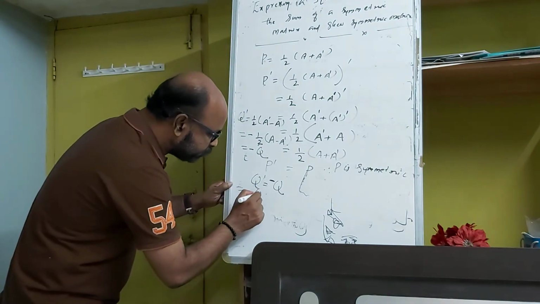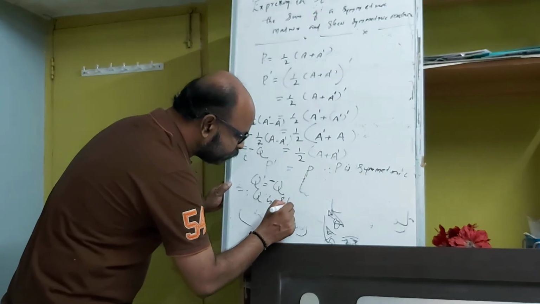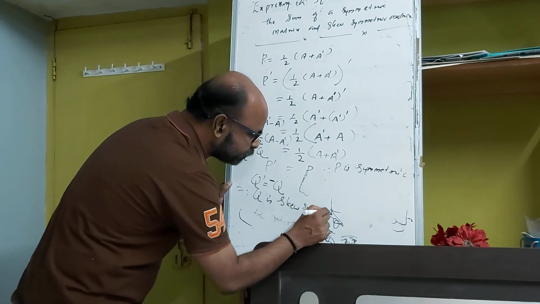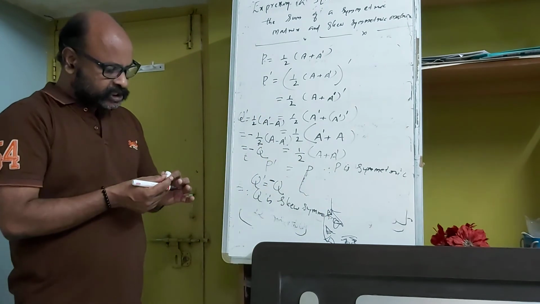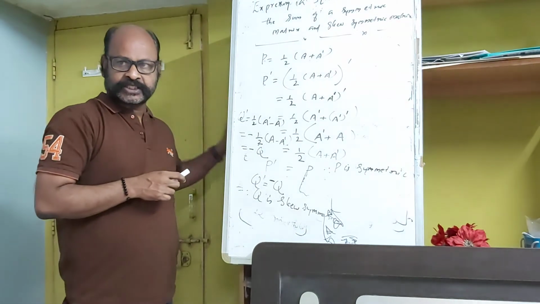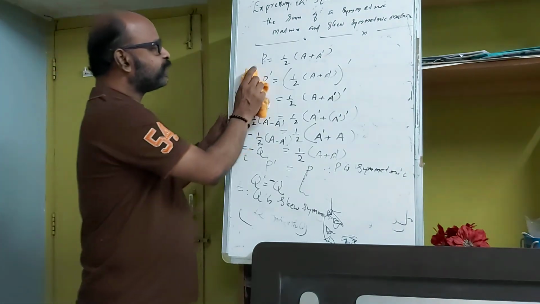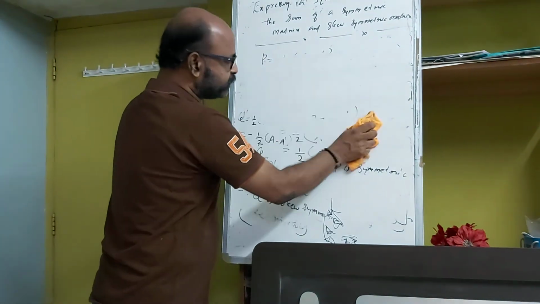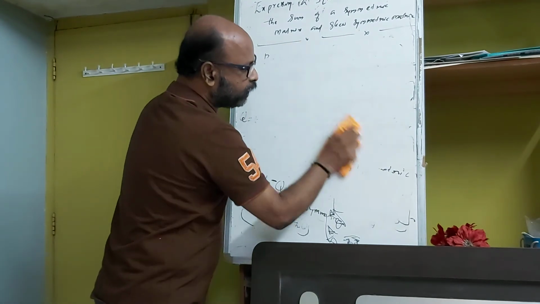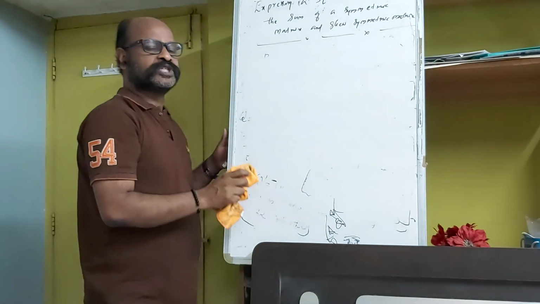Therefore, the matrix Q is skew symmetric. This way we can easily verify that P equal to half into (A plus A transpose) is symmetric, and Q equal to half into (A minus A transpose) is skew symmetric.